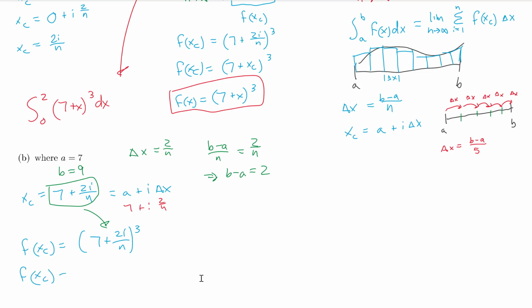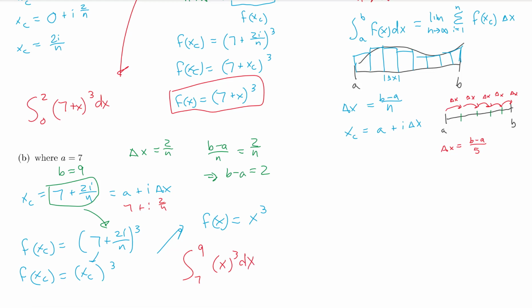So f of x sub i is just x sub i cubed, because that thing is x sub i. And that tells us that f of x is just x cubed, because we moved our integration by 7. Therefore, our final answer is the integral from 7 to 9 of x cubed dx.